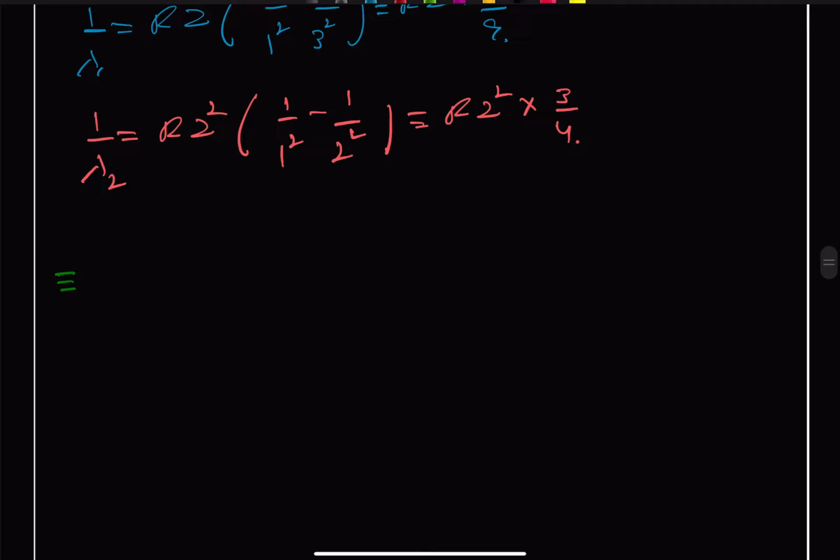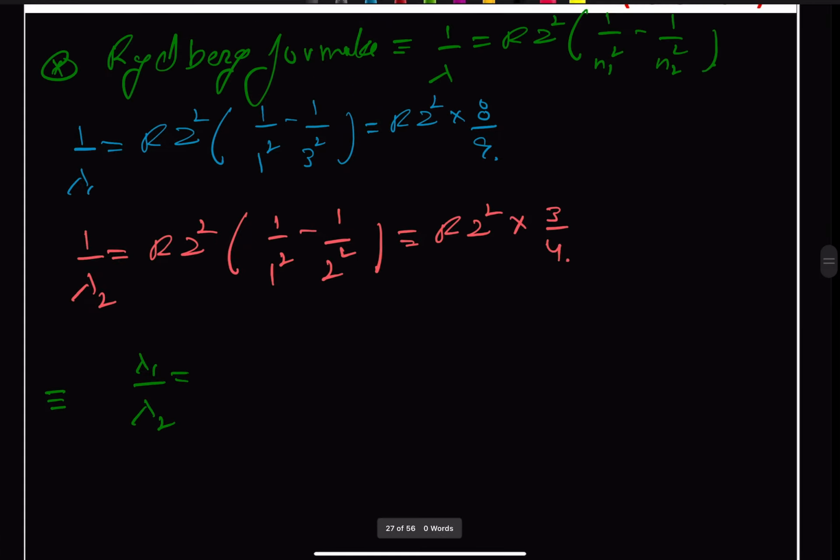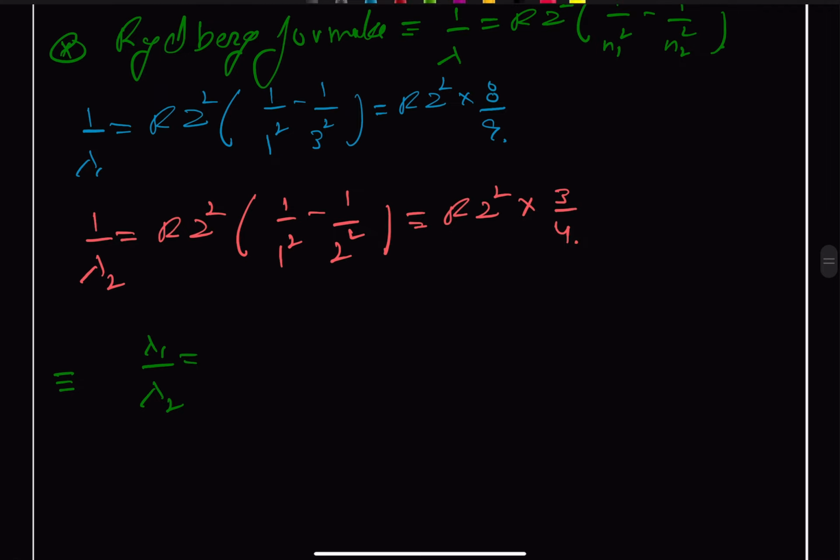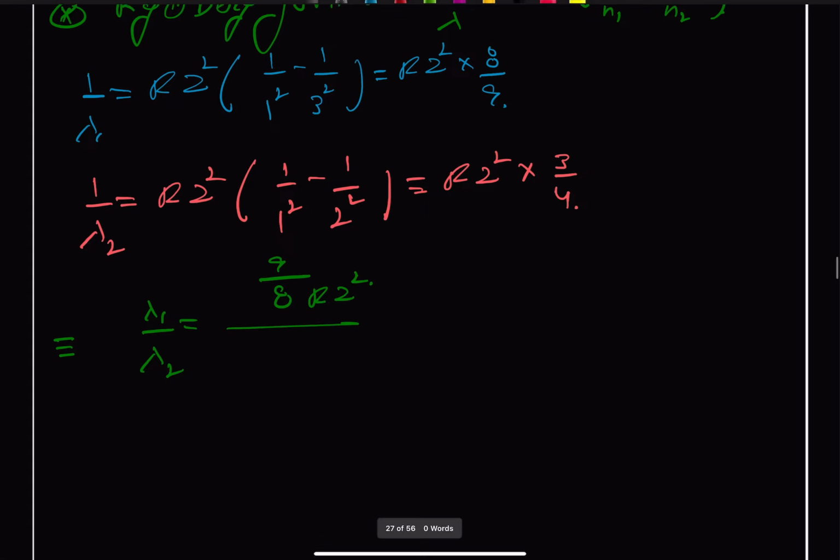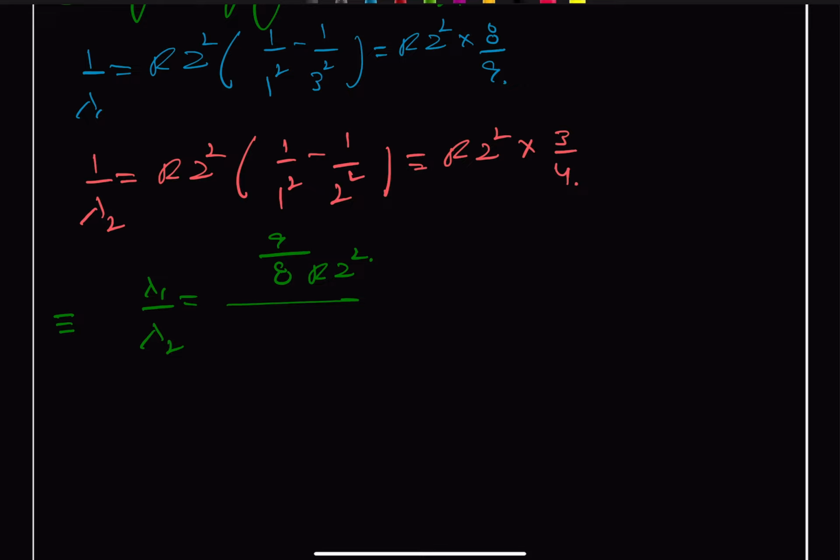Lambda 1 will be 9/8 R Z square, and lambda 2 will be 4/3 R Z square.